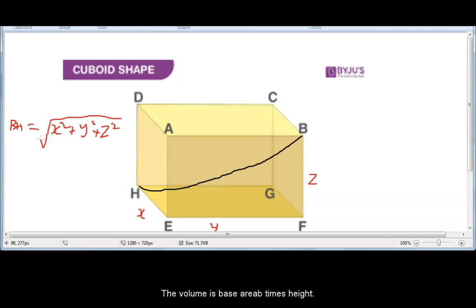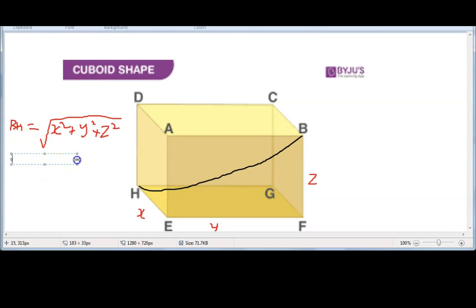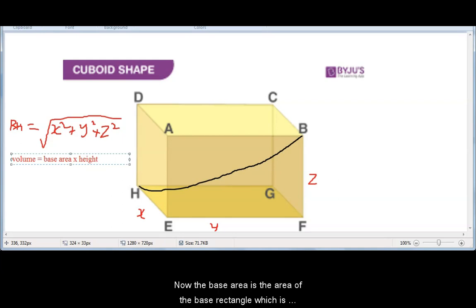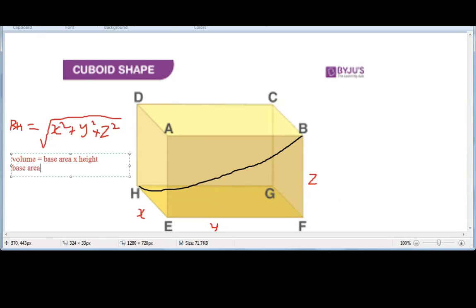Now the volume is base area times height. The base area is the area of the base rectangle, which is EFGH, and is equals to XY.